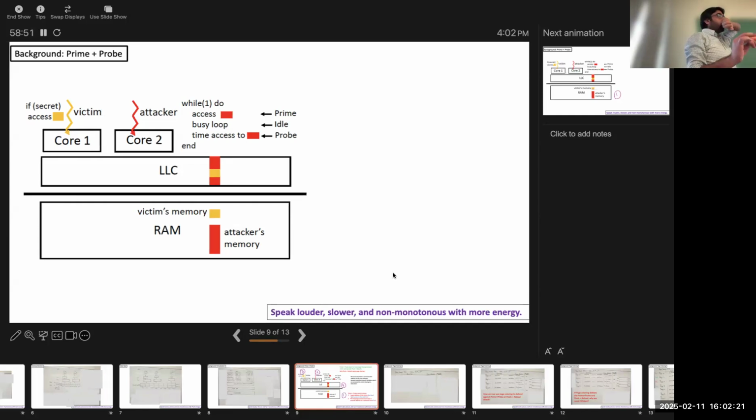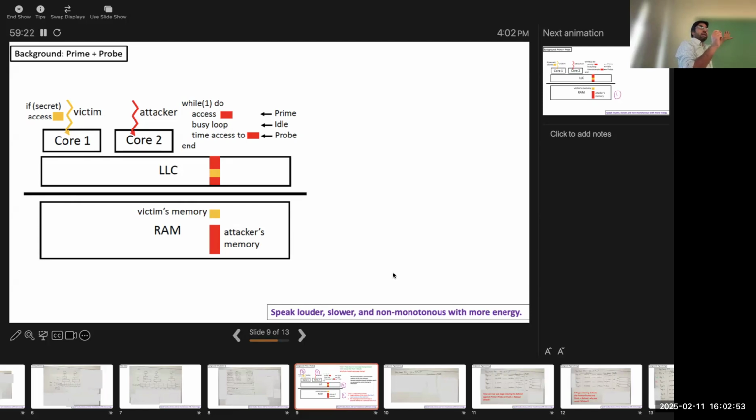Now, how the addresses are mapped into a cache set actually depends on the addresses, right? Which I will try to explain. So if I know the address which is of interest, the address of the victim's data, then I can figure out, based on this address, into which particular set of the cache it will be mapped, okay?